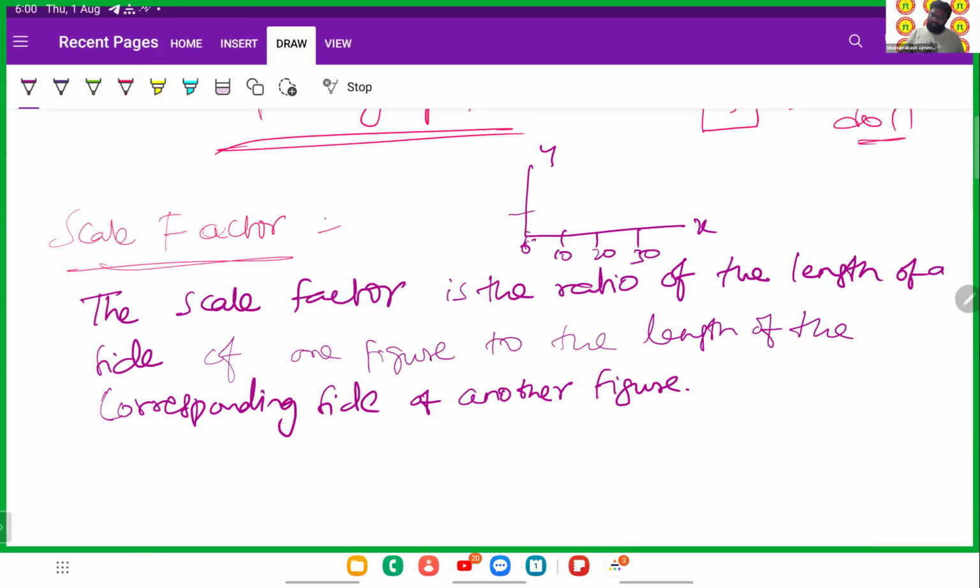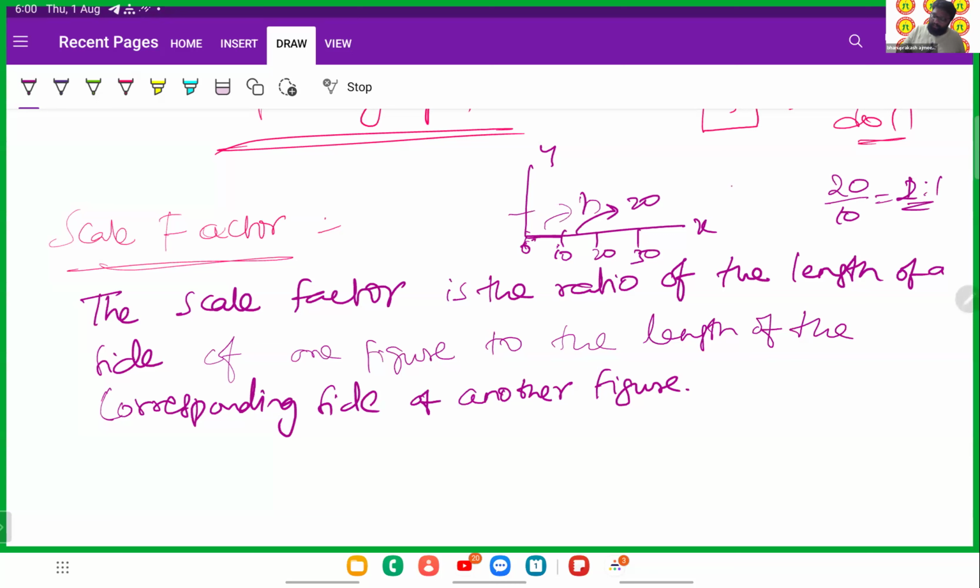The side of one figure, 0 to 10, has a length of 10, and its corresponding other side has length 20. Now 20 by 10 is 2. So 2 is the scale factor for the x-axis. Got it?